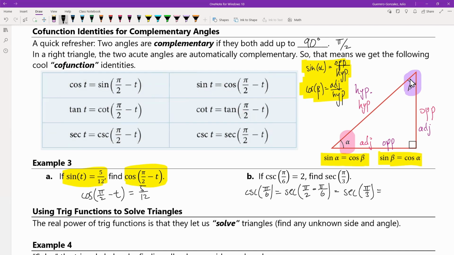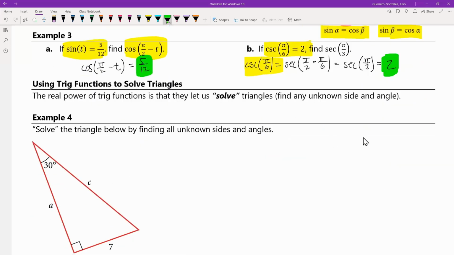So we know that that's going to be 2 because that was equal to 2 to begin with. Whoa! There it is. All right, let me highlight these in green so I can denote them as answers. We're getting somewhere.